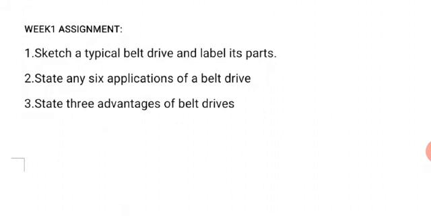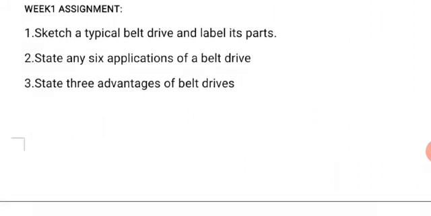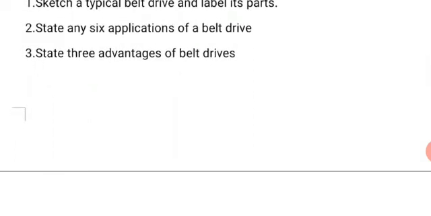That one carries 12 marks, making 14 marks with the first one. And the last one, number 3 question, you have to state 3 advantages of belt drives. That one carries 6 marks, making 20 marks altogether.